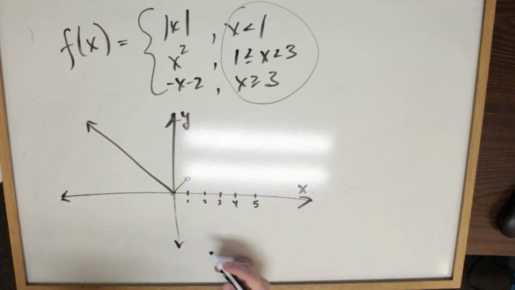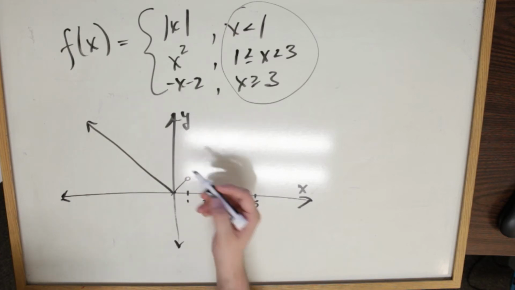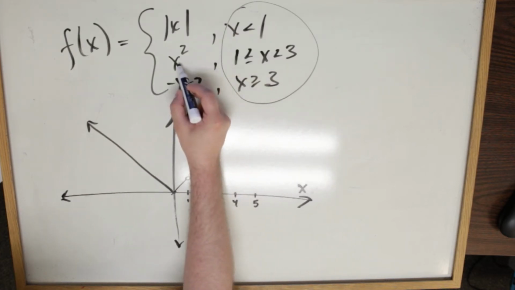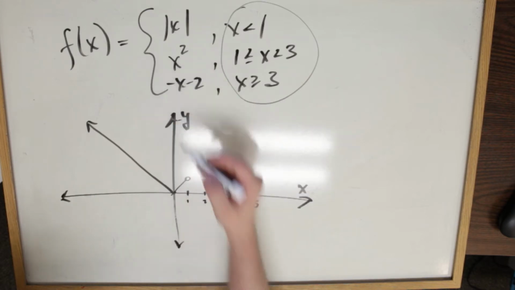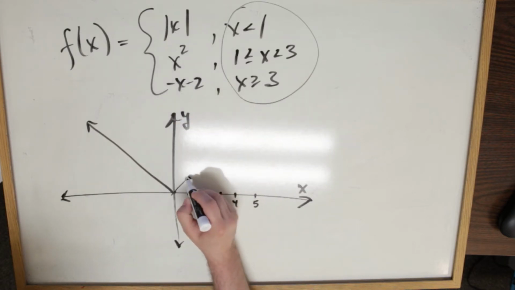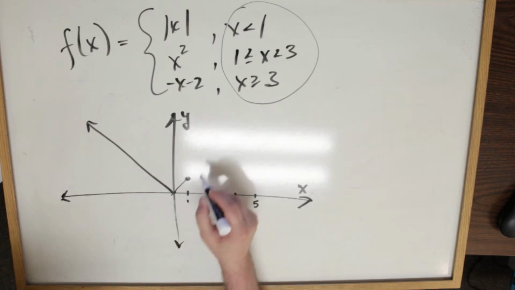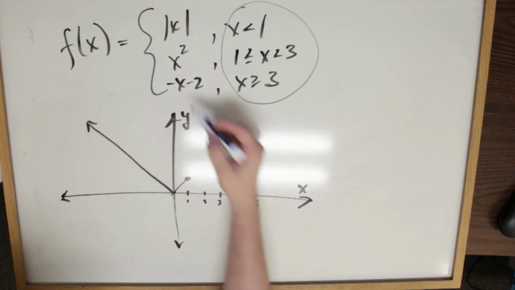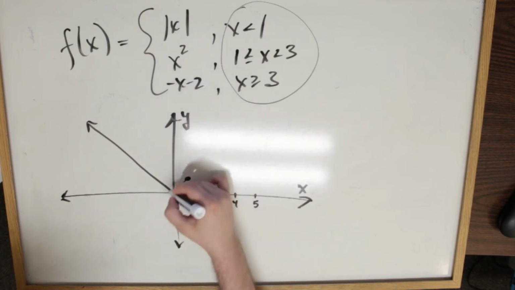So x squared. How do I graph x squared? Well, let's just substitute 1 in for x. So 1 squared is just going to be 1. Conveniently, it is going to be on this exact same spot. If you want to go ahead and graph it, when x is equal to 2, it's going to be 4. So here's 1.